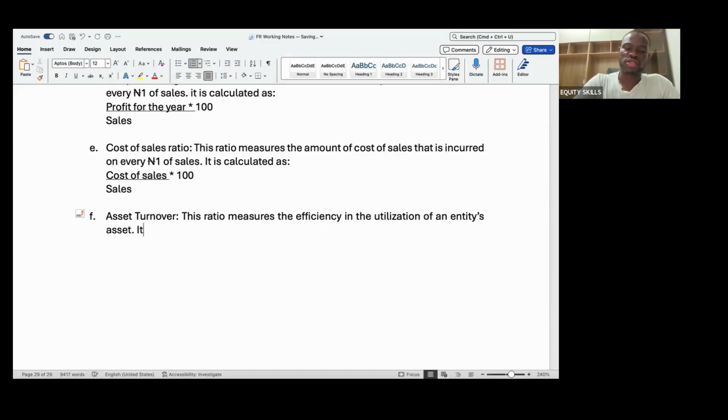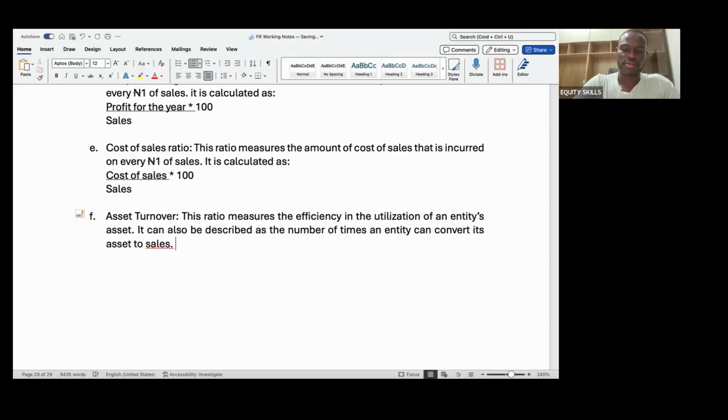Or it can also be described as the number of times an entity can convert its assets to sales. The number of times an entity can convert its assets to sales.